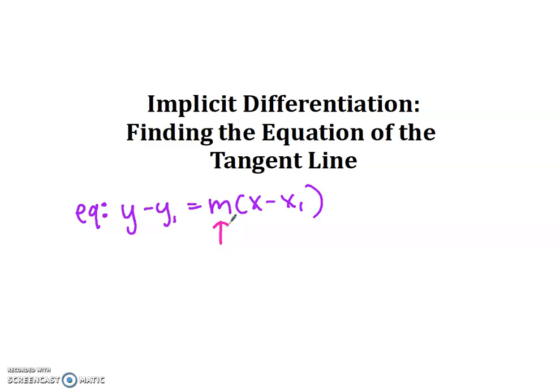And remember, when we find the slope, that's the derivative, which in this case will be like our dy dx equation. If we need to find the y value, you're always going to use your regular equation, so the given equation, not the derivative.